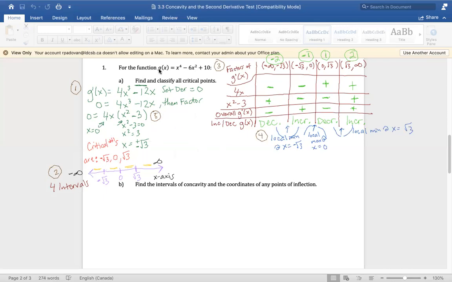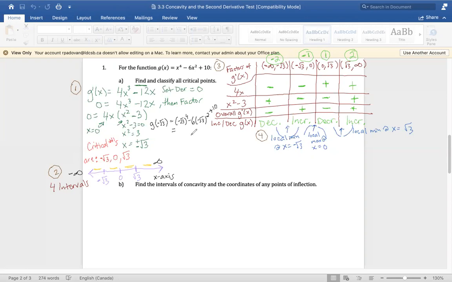So g of x at negative square root of 3 is negative square root of 3 to the power of 4 minus 6 times negative square root of 3 squared, plus 10.